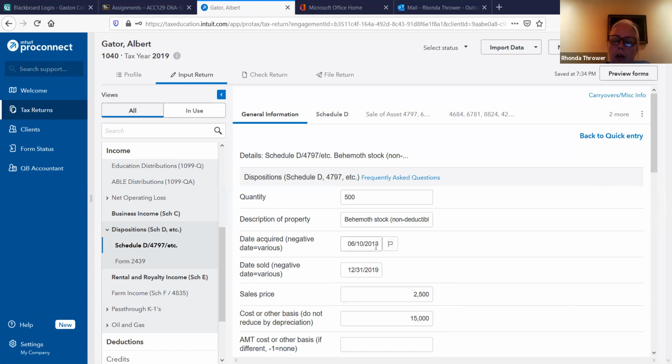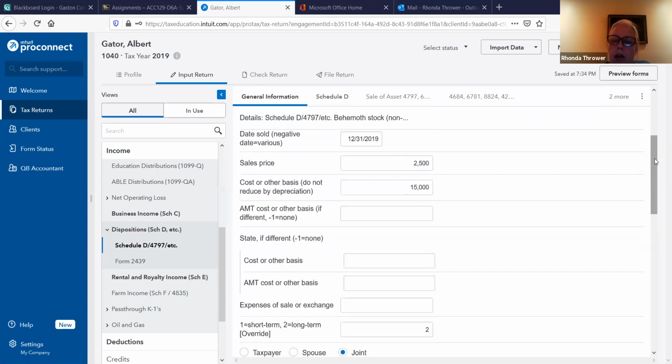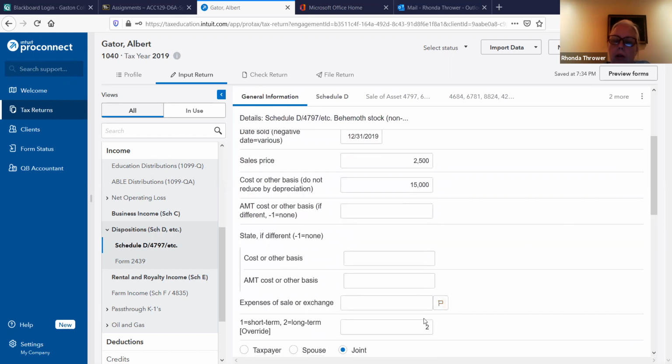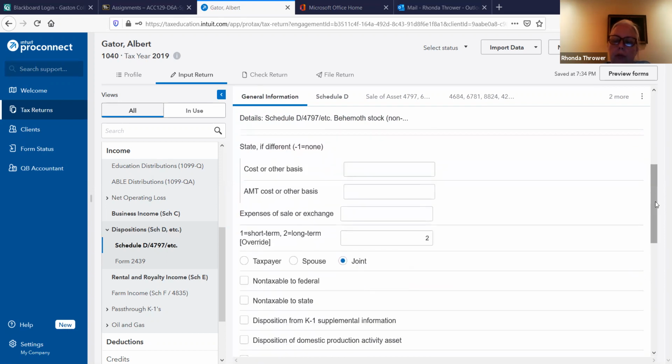Because this person has held the stock for a while, it is a long-term transaction. So you'll scroll down to where it says short-term or long-term and put a 2 in here for long-term. Also, you'll want to click on joint because this is a joint return.